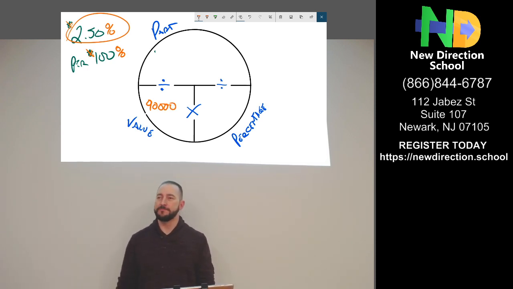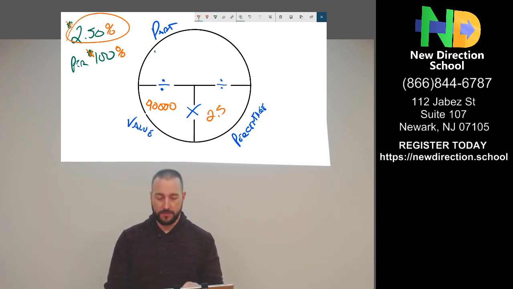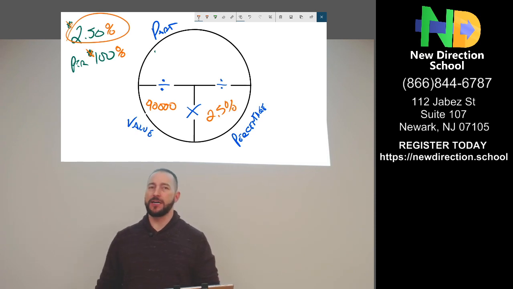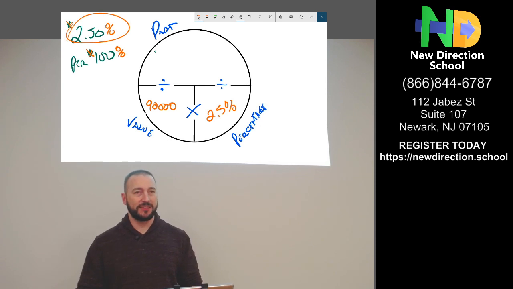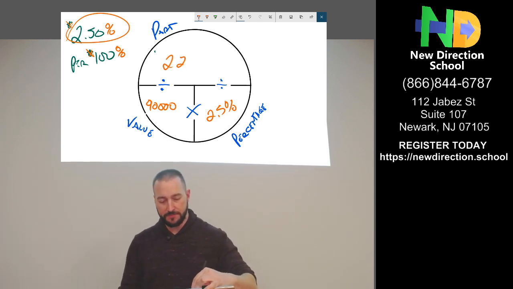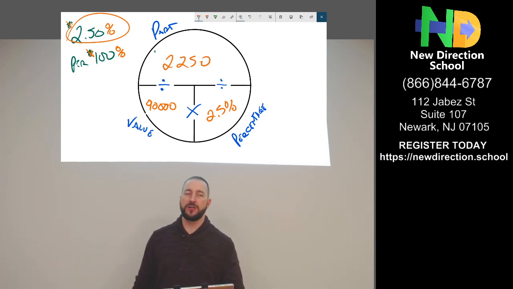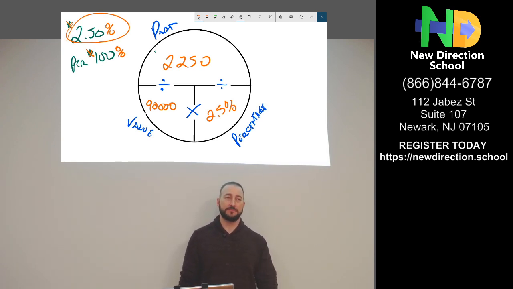What else do we have? 2.5%. If it's at the bottom, what do you do? You multiply. So on the calculator, 90,000 times 2.5% is 2,250. Now this is your annual tax, right?